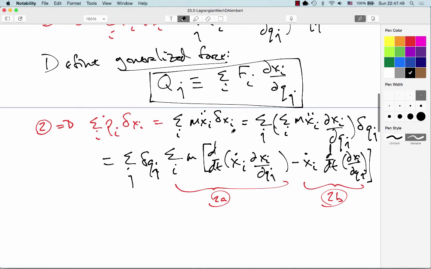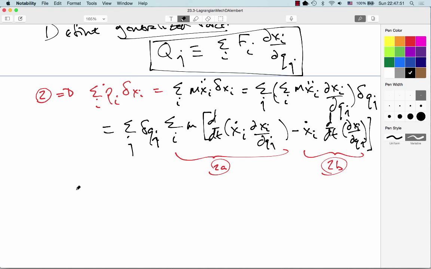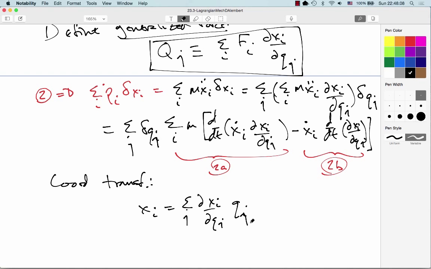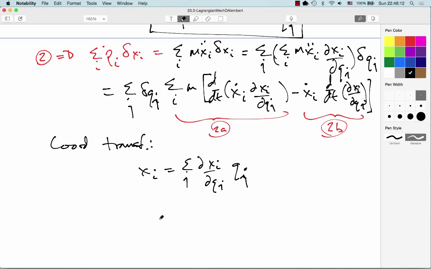First, though, let's take a coordinate transformation. We can write our xi dot as a sum over j of partial xi partial qj qj dot. Let's differentiate that with respect to time so we can figure out what to do with xi dot here.